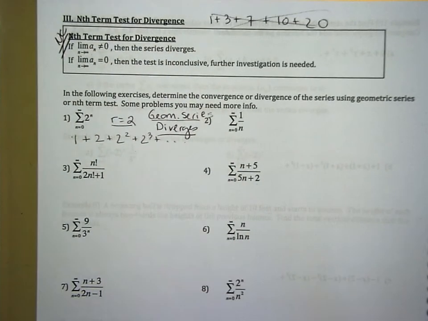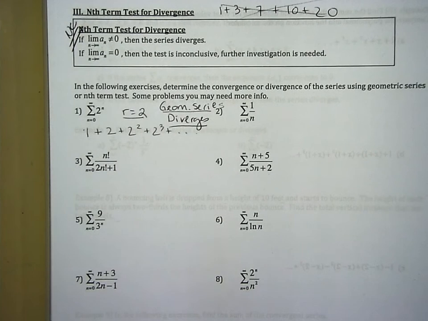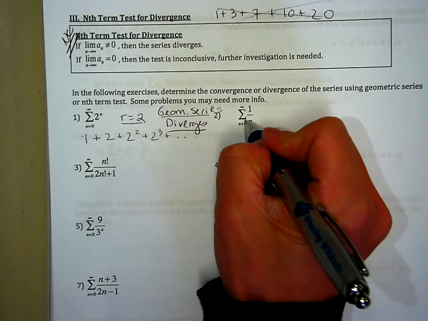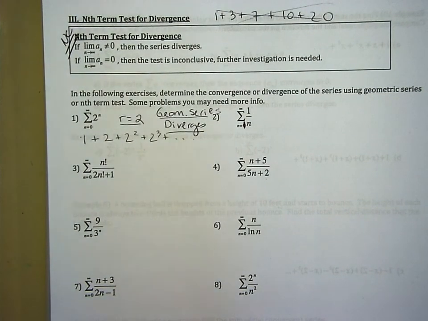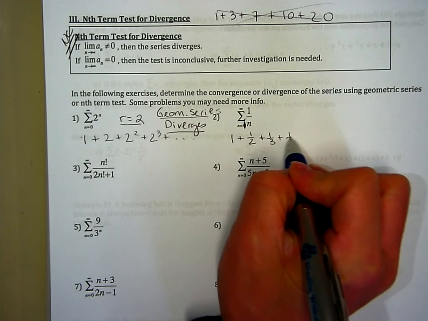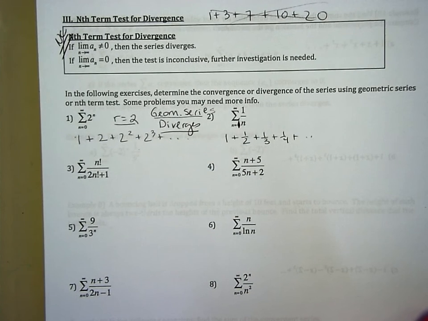Okay, number 2 is not a geometric series. I do not see anything raised to the nth power. Or, okay, actually there's a typo. This first term should start at 1 because you can't divide by 0. If you list out the first couple terms, 1 plus 1/2 plus 1/3 plus 1/4, you are not multiplying the previous number by the same number to get to the next one. So this is a series. It is not geometric.